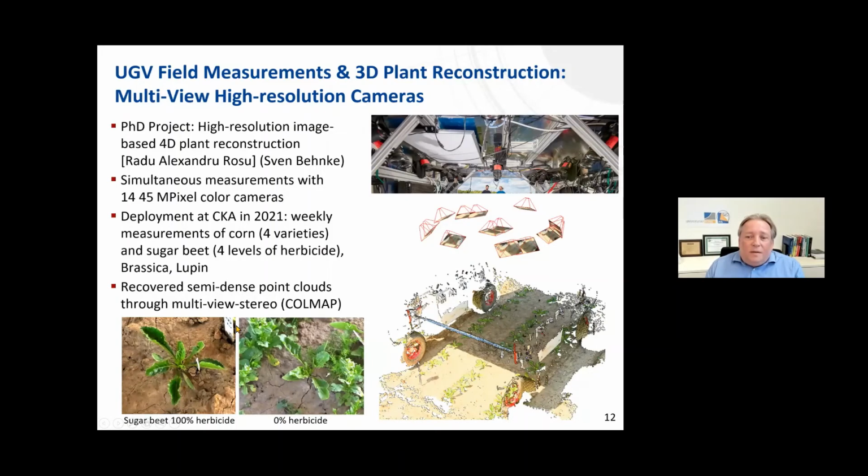Furthermore, this ground robot is equipped with 14, at this point, high-resolution cameras. Every camera can capture 45 megapixels.